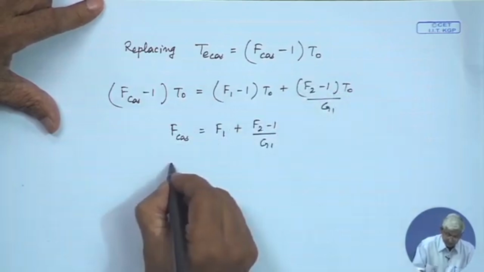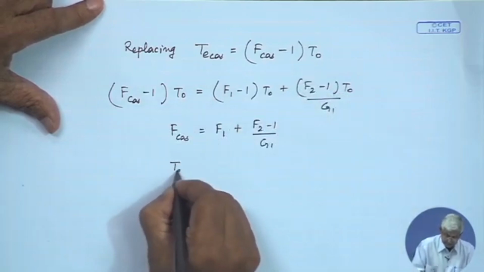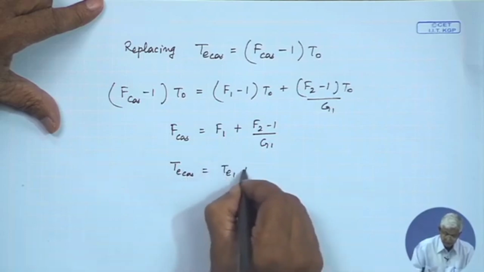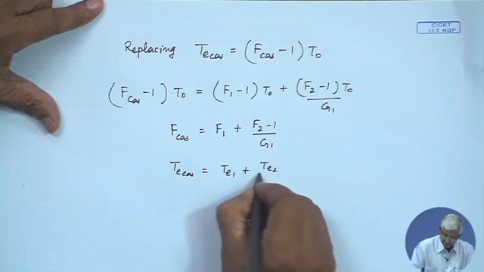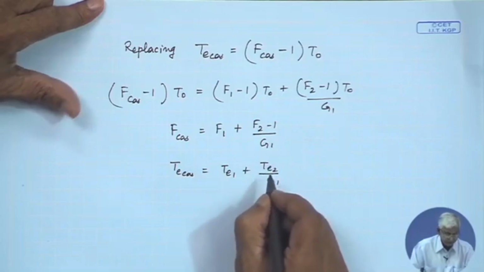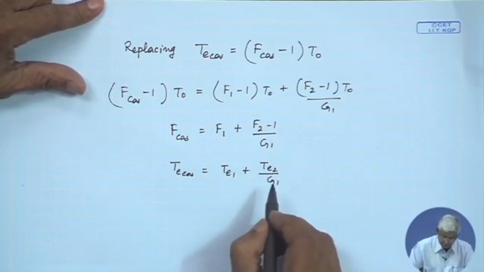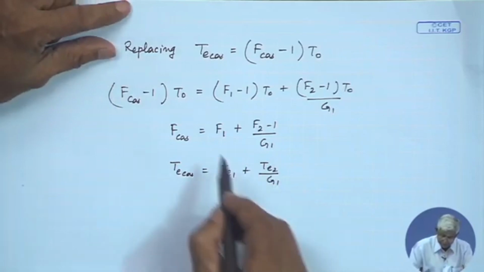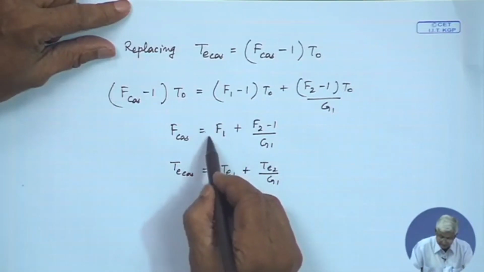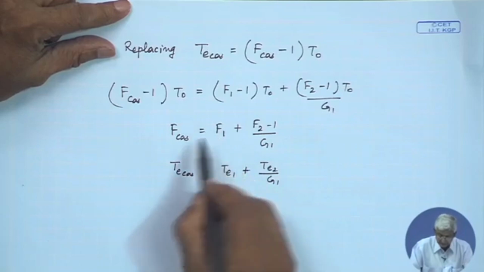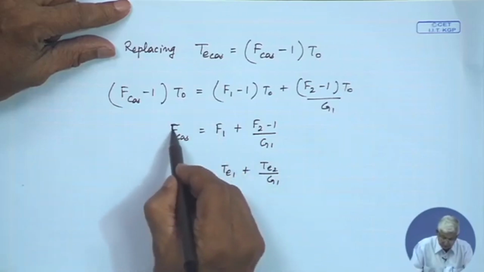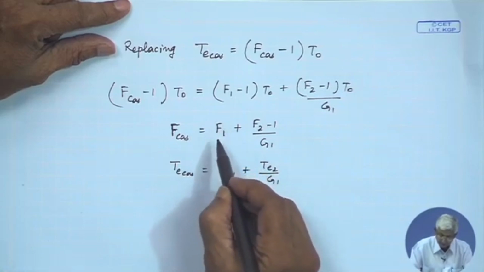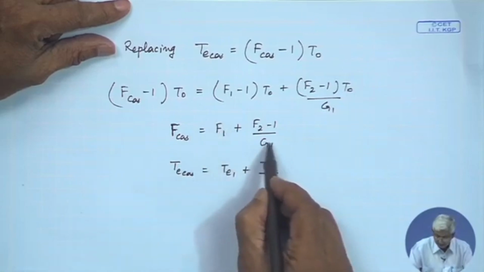And we have earlier seen that TE cascaded is TE1 plus TE2 by G1. So, this shows an important thing, that is the first stage noise figure. To reduce the total cascaded noise figure, the first stage noise figure should be low and it can have a moderate gain.